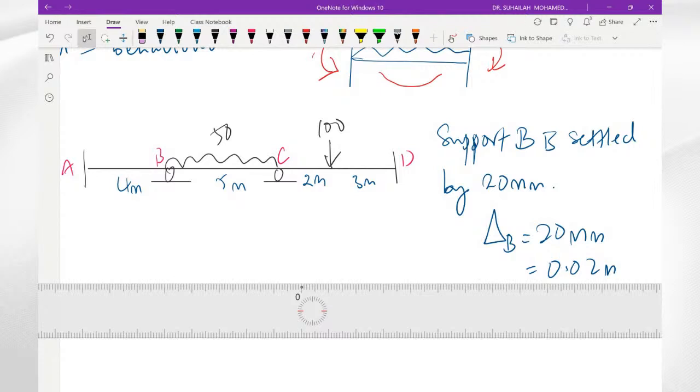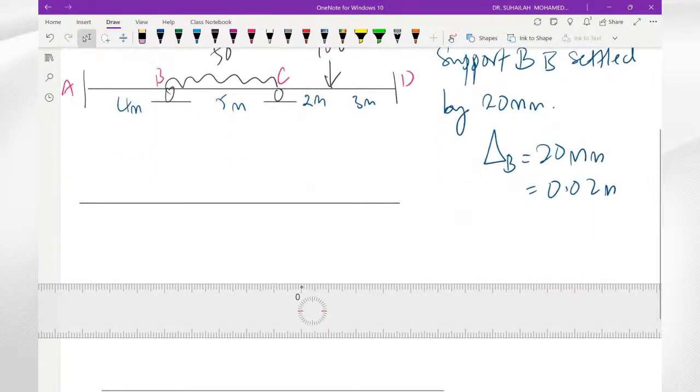Okay, so kita sketch free body diagram due to support settlement macam ni je. Okay, so dekat A tu remain, B ada settle. Ada settlement. C remain at same position. D pun remain at same position.